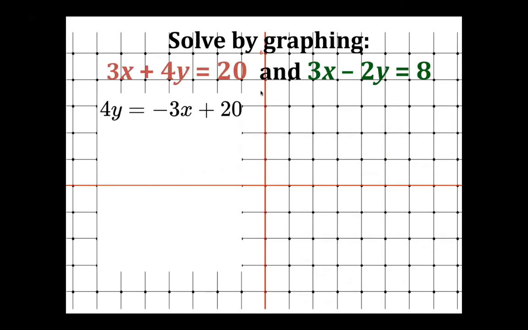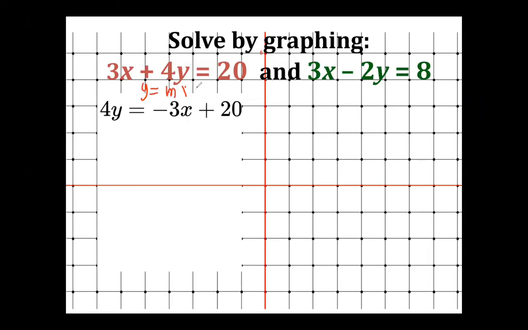So the very first thing I'm going to do is try and isolate y. The first step I'm going to take is subtract 3x from both sides. So that would give you 4y equals 20 minus 3x, and I just rearranged it to fit y equals mx plus b, which is our slope-intercept form.